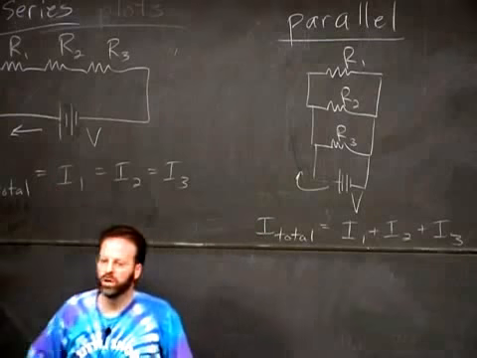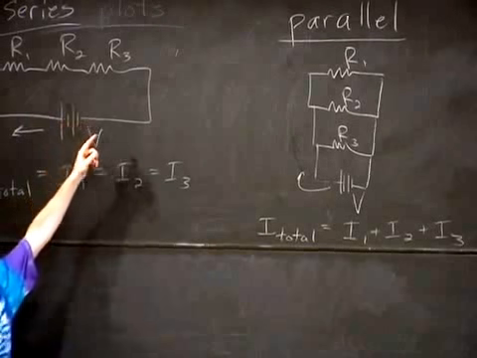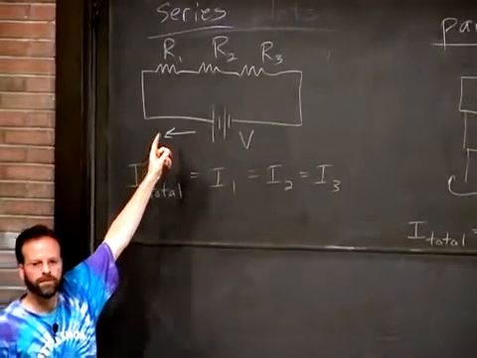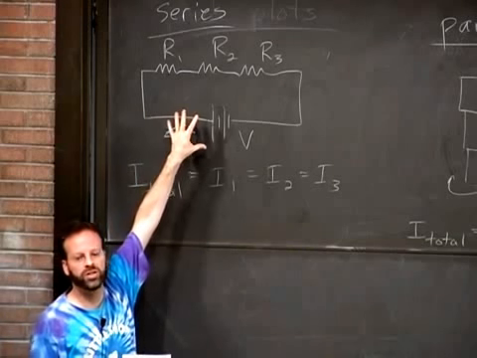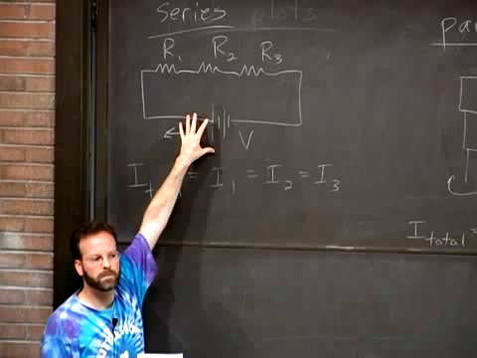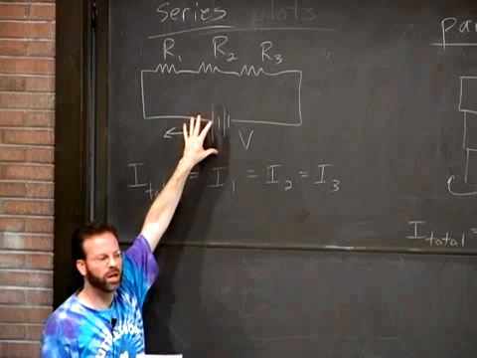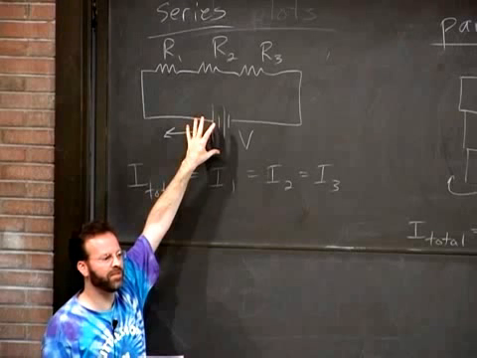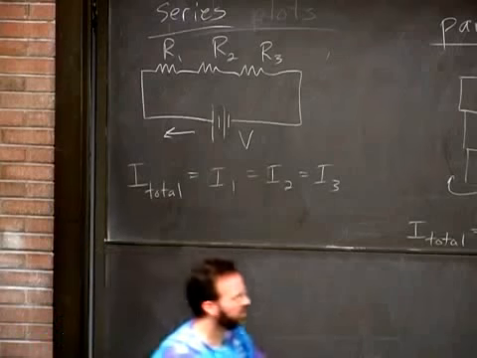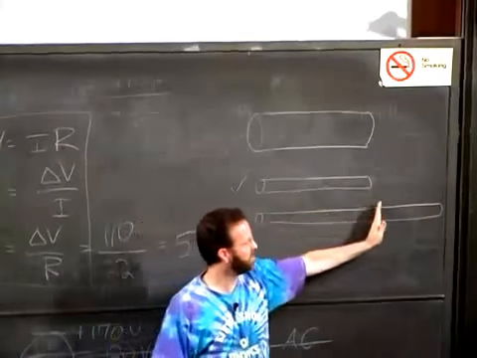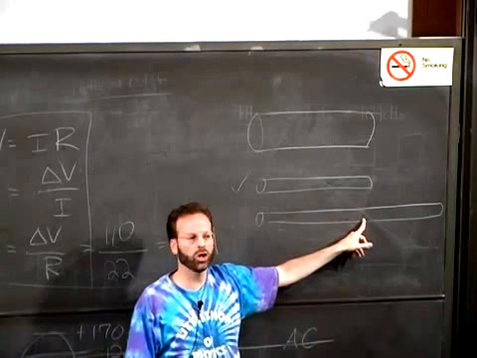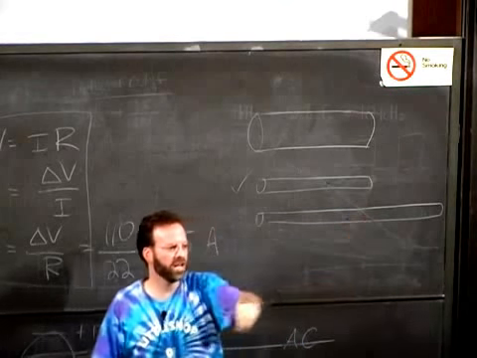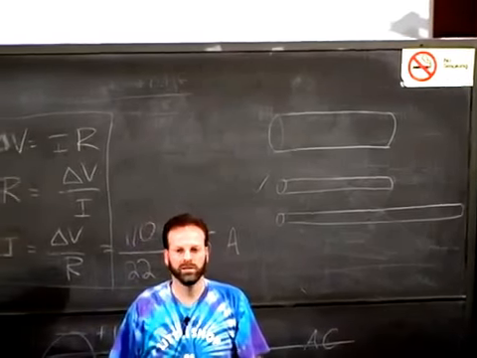In series, what happens if you add more resistors? Let me do it in steps. If you add more resistors, what happens to the total resistance of this circuit? Go up, go down, stays the same. Let's say our circuit's like this, and then we add some more that it has to go through. It's like making it longer. It has more things it's got to get through before it can get back to the battery.